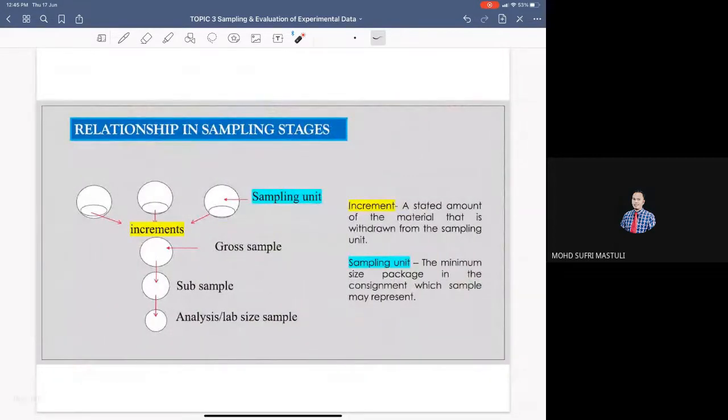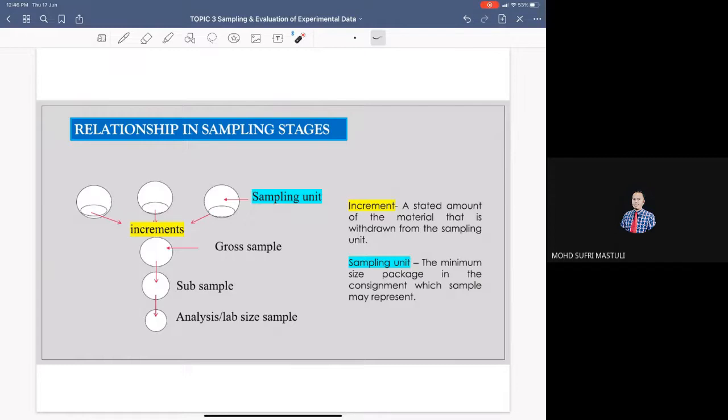Okay, so what is the relationship in sampling stages? During sampling, we can divide it into several stages. First is the population site, or the sampling site, which we call the sampling unit. After we collect the sample from the sampling site, we have the gross sample, and then we bring the sample into the lab.